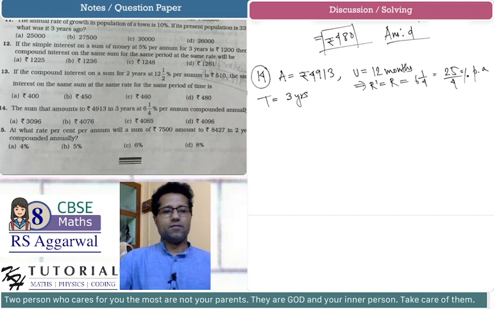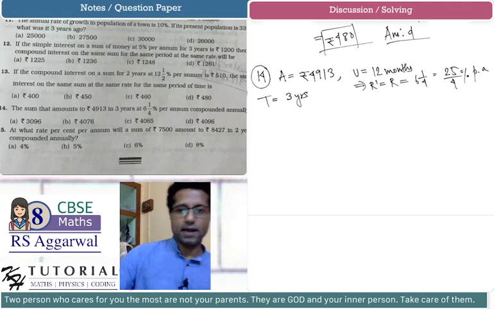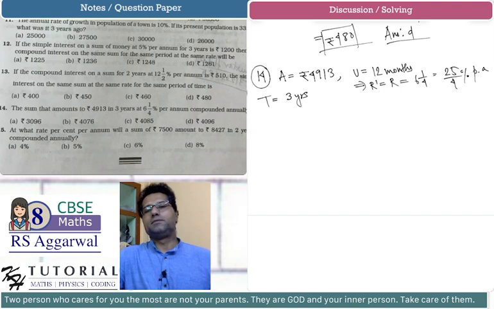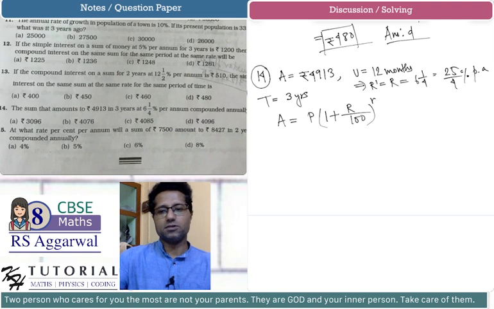Okay, we have to find the sum. Now, whenever the interest is being compounded annually, that is u is equal to 12 months, and the period of time T is an integer value, the formula is A is equal to P multiplied by (1 plus R by 100) to the power n. So this is the simplified formula.